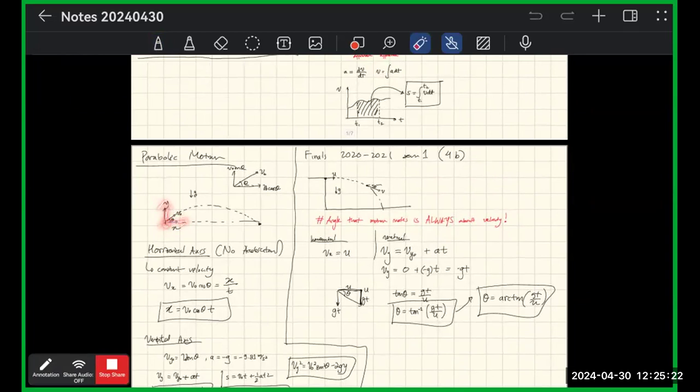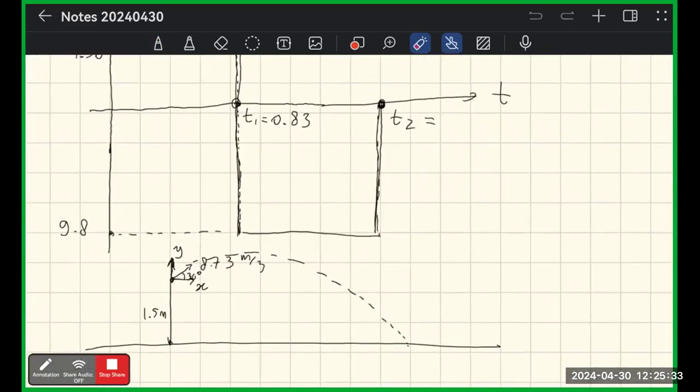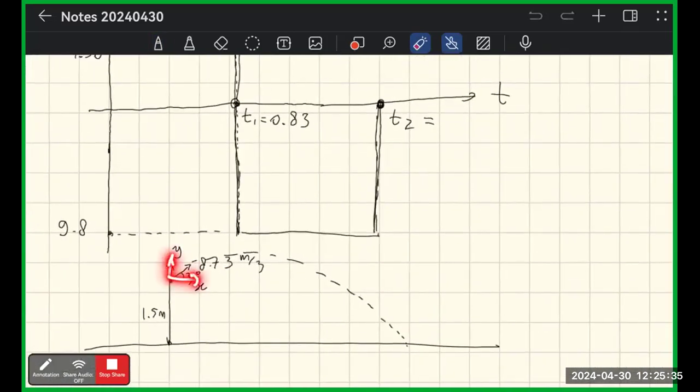Then you'll transform the points later on depending on the questions. If you don't use that, you cannot use my equation. You have to really understand the basics.